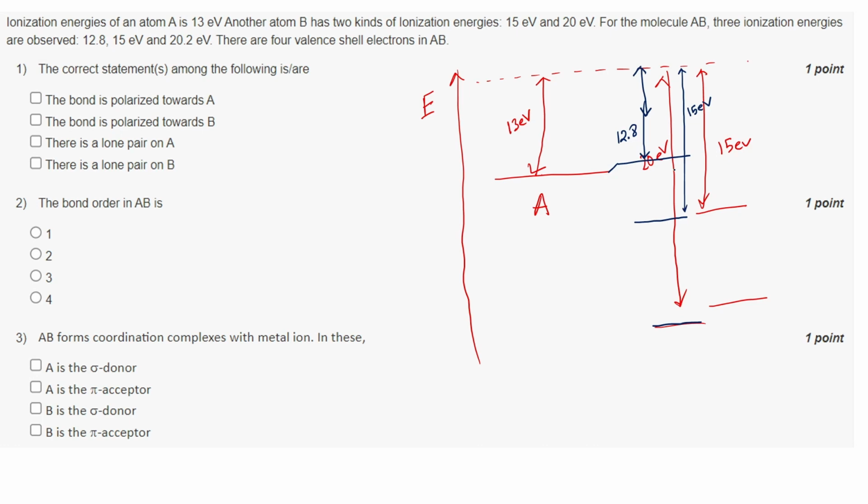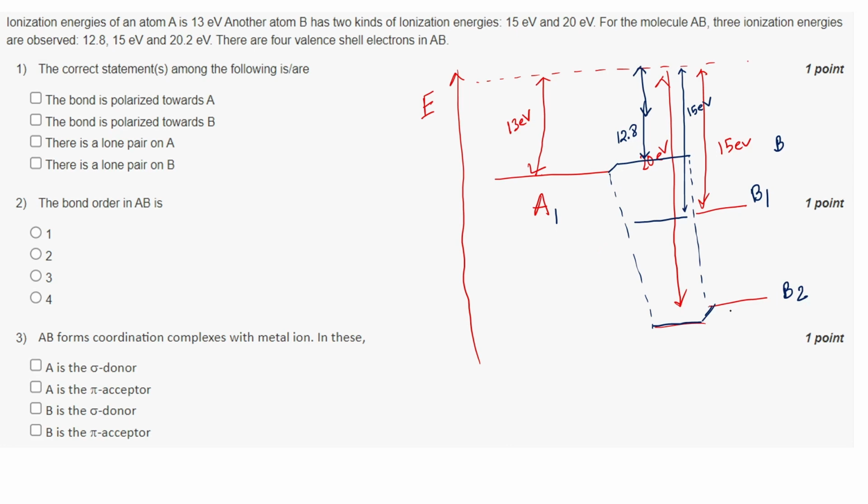Okay, and the last MO has 20.2 electron volt. So this is actually a bonding MO. Okay, this is a non-bonding MO and this is an anti-bonding MO. Suppose this is A1 and this was your B. So B has B1 and B2 atomic orbitals.